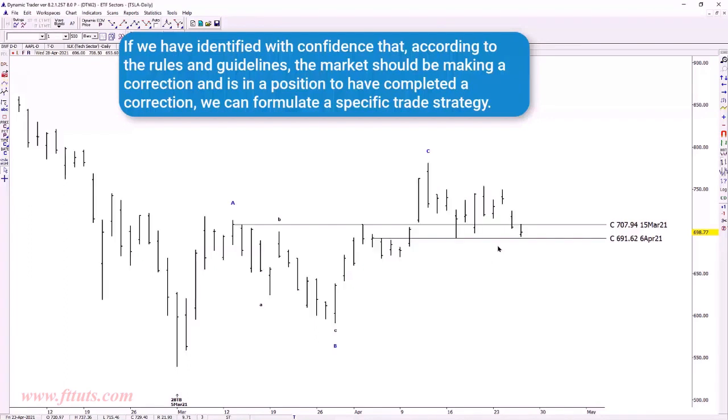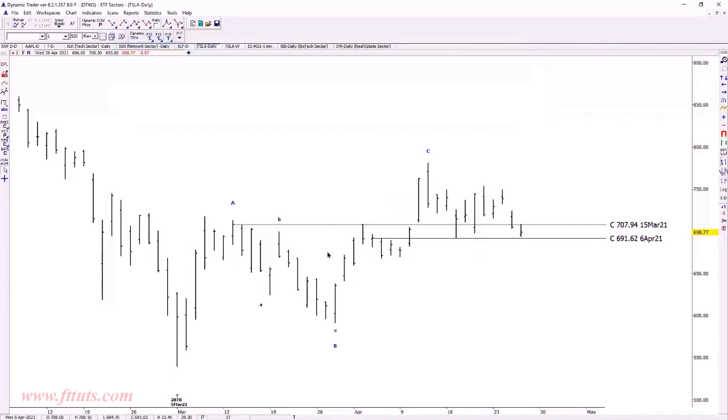So that's really important information to have right now. Is the correction complete? We don't know if it's complete, but we know that even if Tesla should continue sideways and even make a new high, that more than likely this is all part of a correction, and if it did make a new high, it's just part of a complex correction.